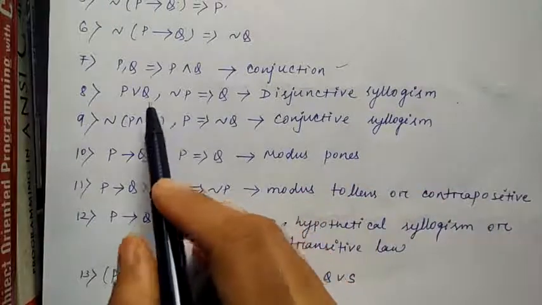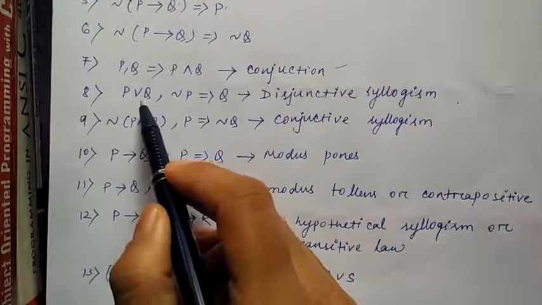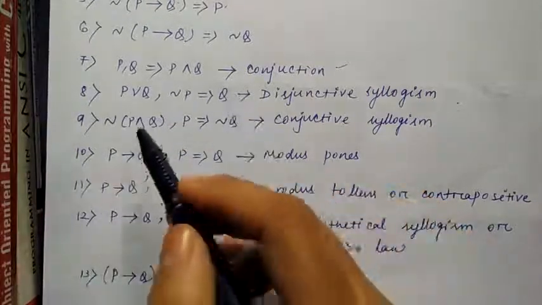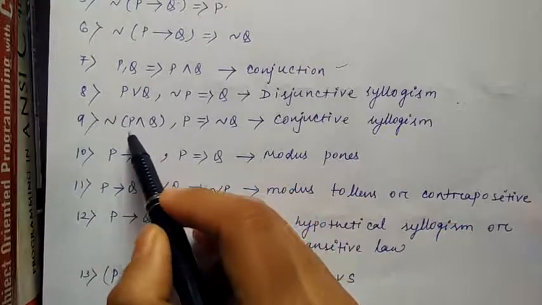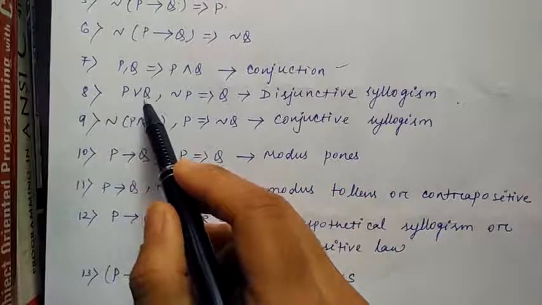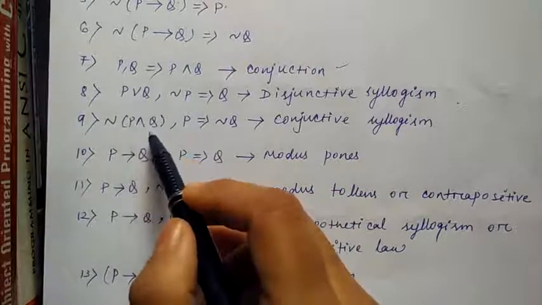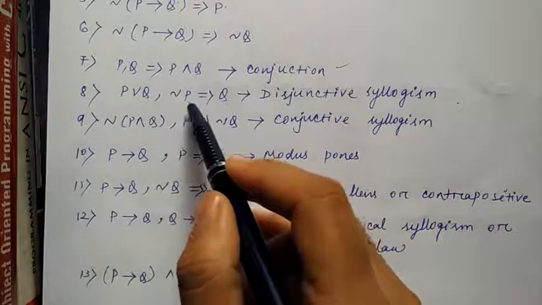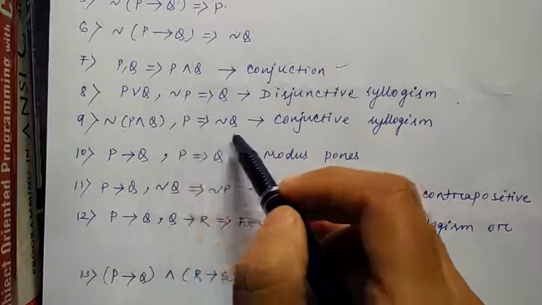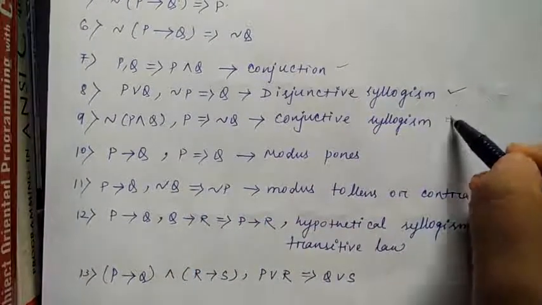Or if you take the opposite of this, you can see here P and Q, if you write P or Q, that is exactly equal to negation of P and Q. Or if you write P and Q only, that will be equal to negation of P or Q. So here you have written P or Q, here negation of P and Q. Here this is negation of P tends to Q, but here it is negation of this, so this is P tends to negation of Q. This is called disjunctive syllogism, this is called conjunctive syllogism.